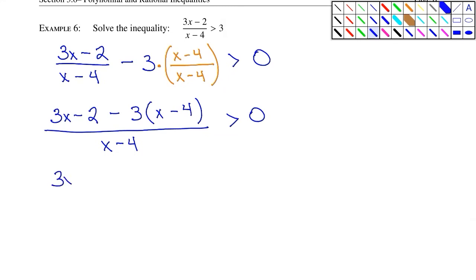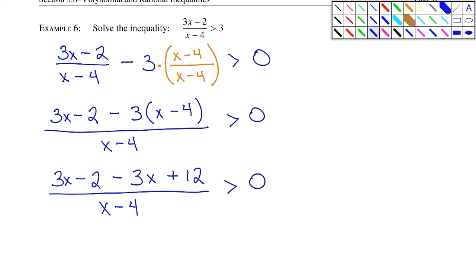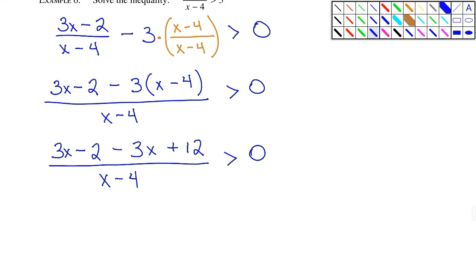Which is 3x minus 2 minus 3x plus 12 over x minus 4 greater than 0. The 3 x's cancel. That gives me 10 over x minus 4 is greater than 0. So this is the inequality that we need to solve.